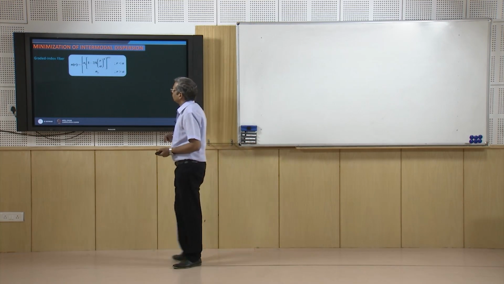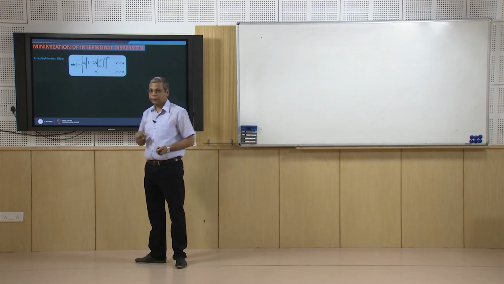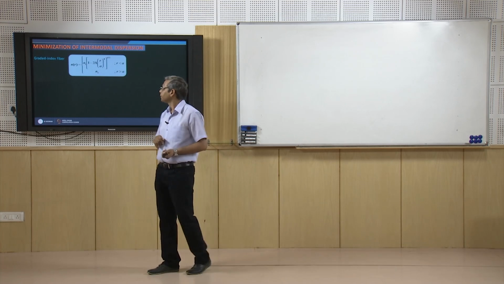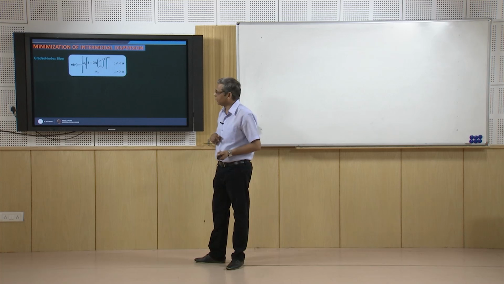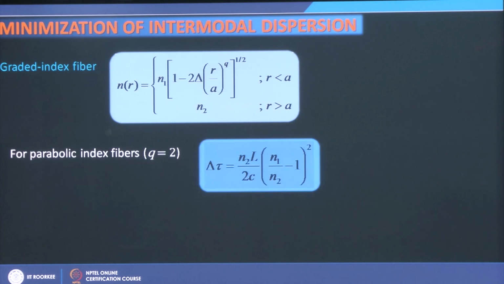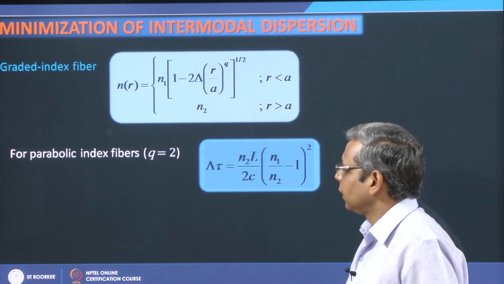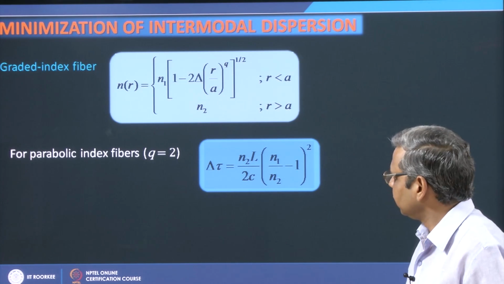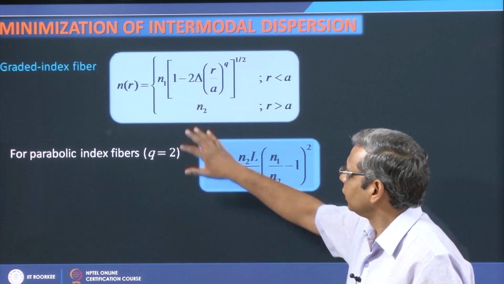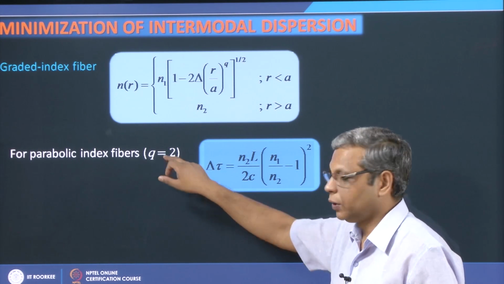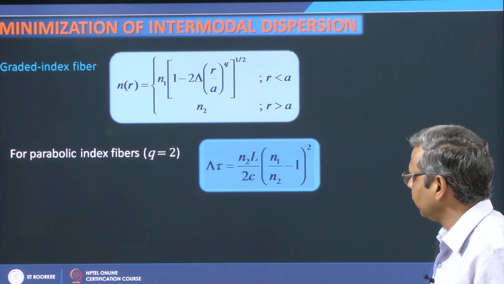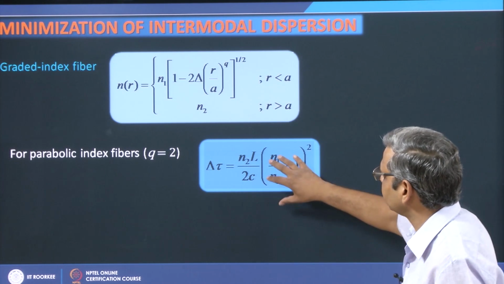If I look at a typical graded index fiber defined by a power law profile, then this is the refractive index variation in the core, and if I find out the expression for delta tau for a fiber which corresponds to q equal to 2, called a parabolic index fiber, then delta tau comes out to be like this.